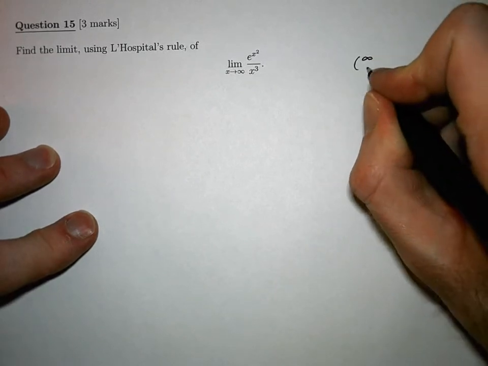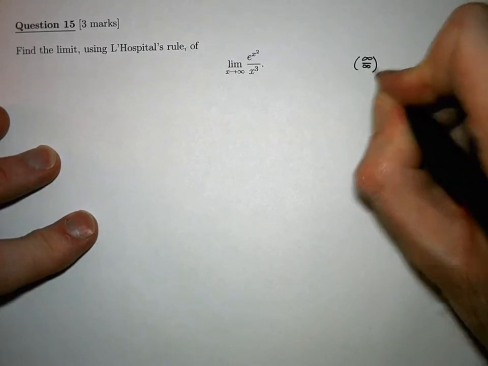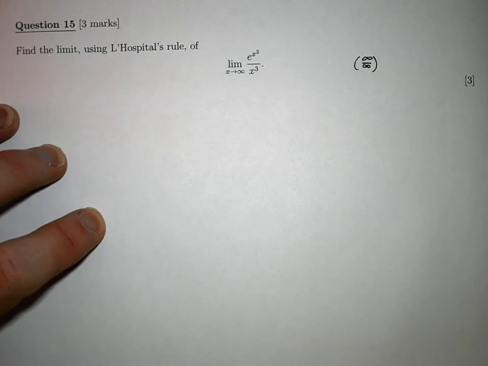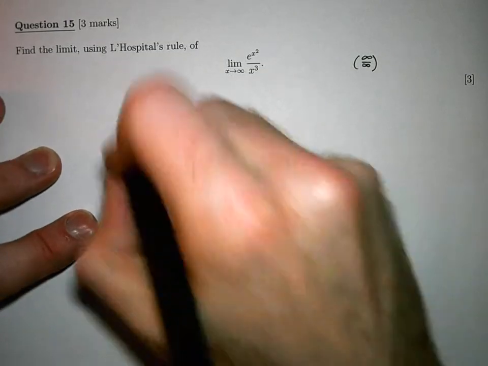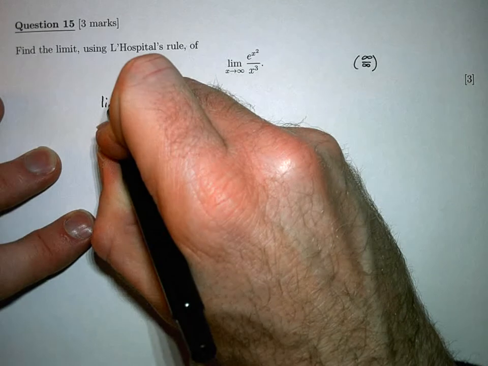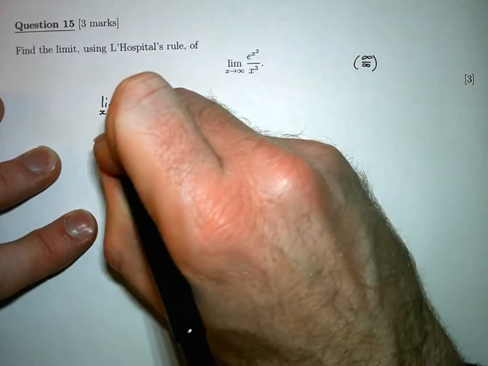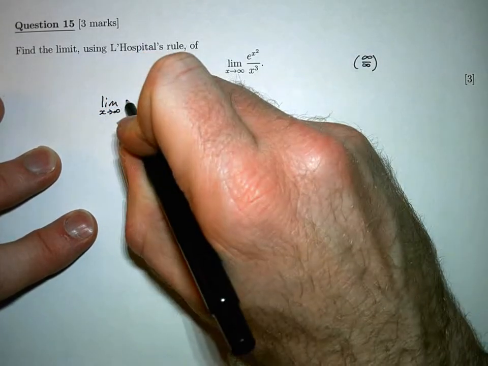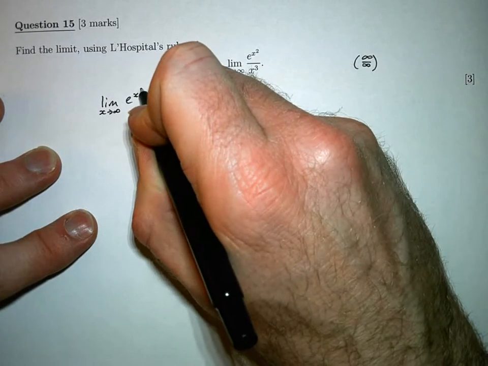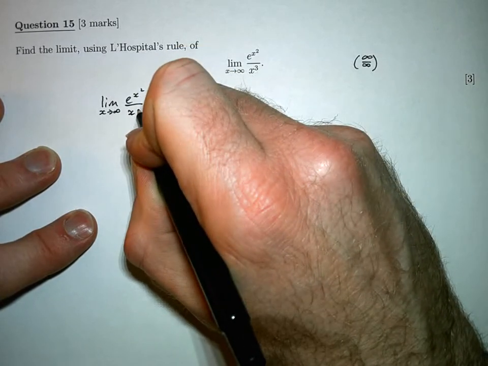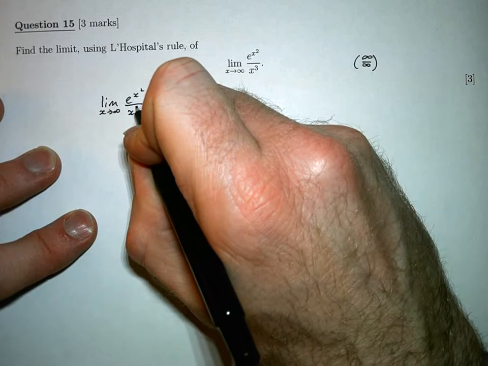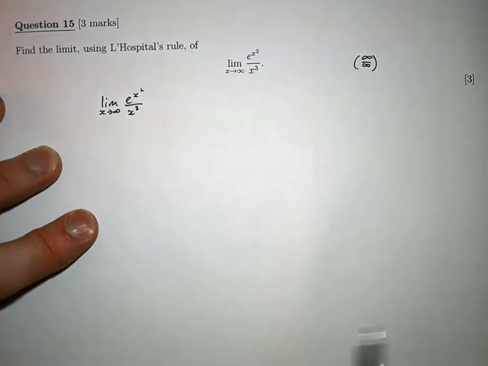So yes, we've got a case here where this thing is approaching infinity over infinity, so we can use L'Hopital's rule. Now L'Hopital's rule says that if you've got infinity over infinity, the limit of the fraction is equal to the limit of the derivative of the numerator over the derivative of the denominator.